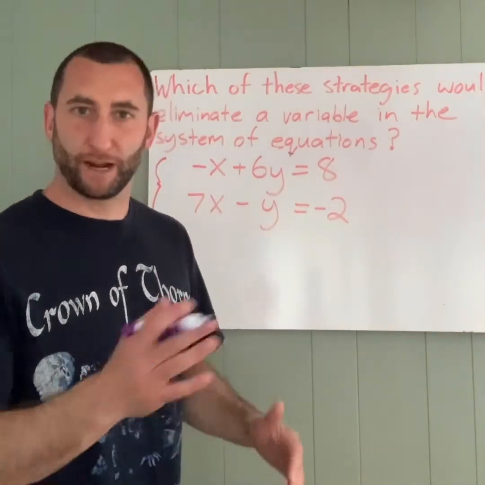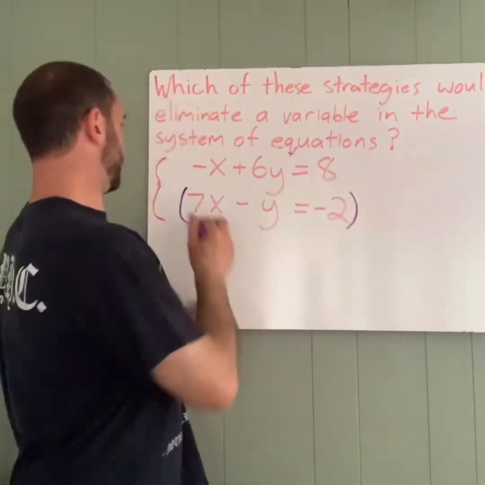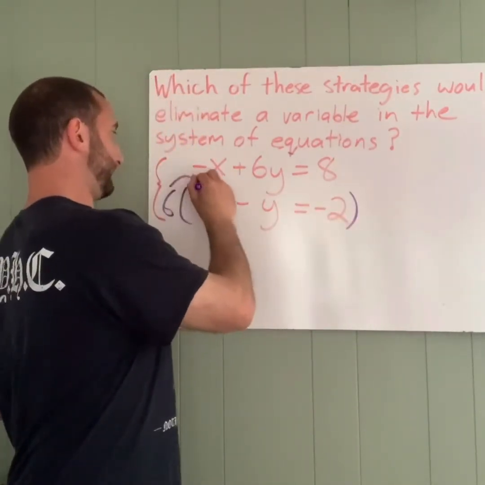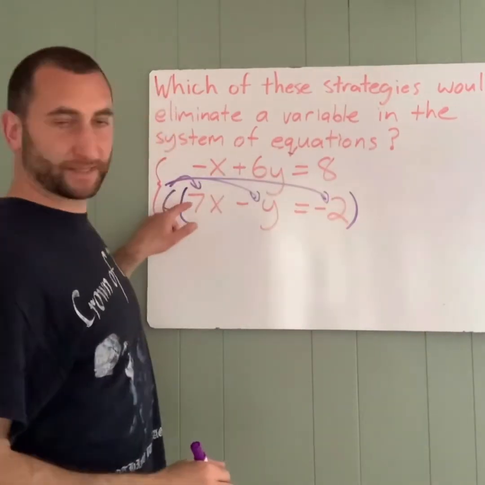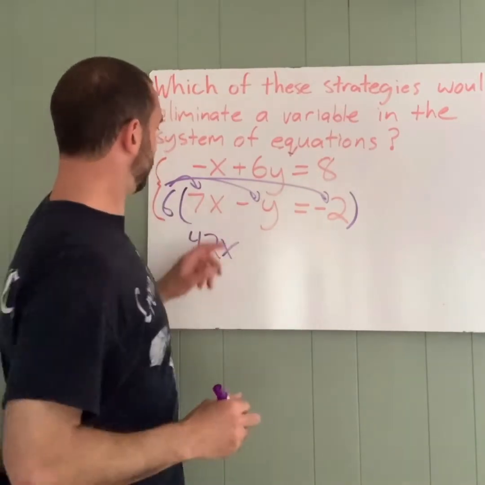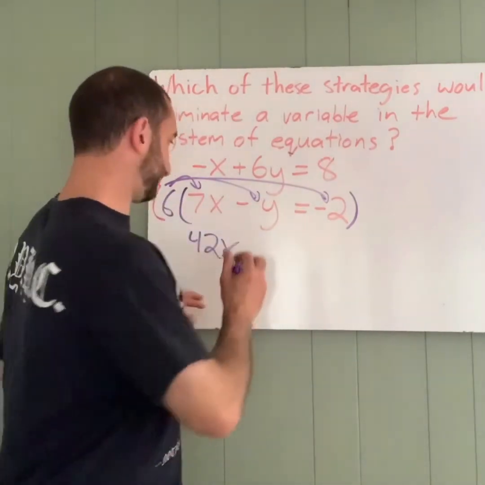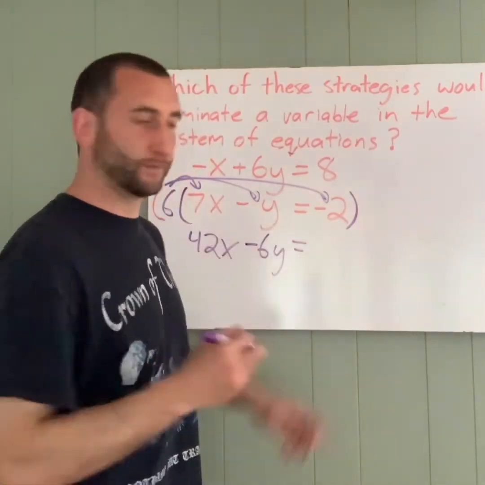I'll show you. Multiply all of them by 6, so I must distribute equally. 6 times 7, 42. 6 times negative 1 is negative 6y. And 6 times negative 2, negative 12.